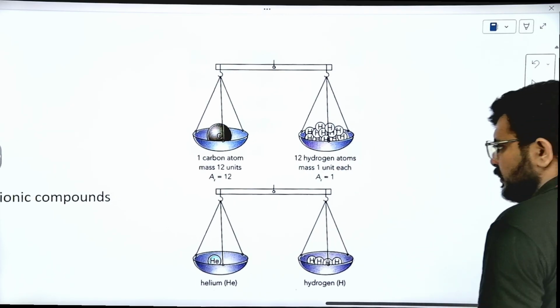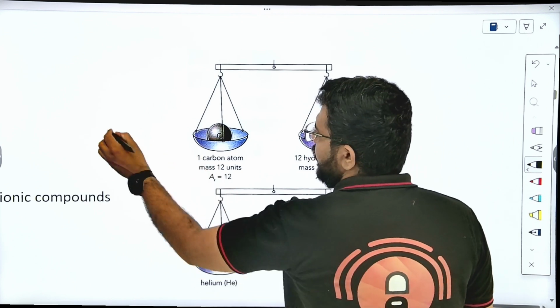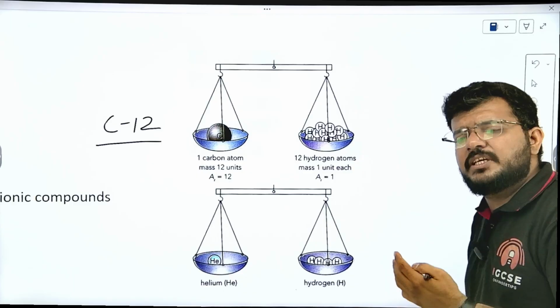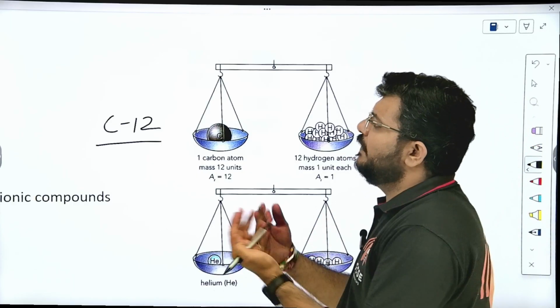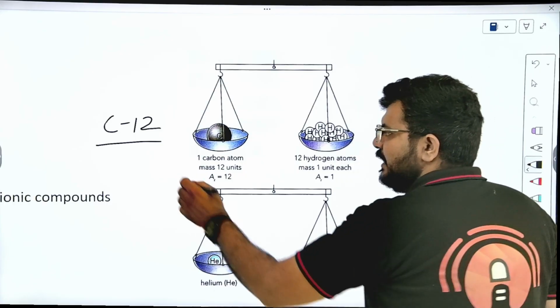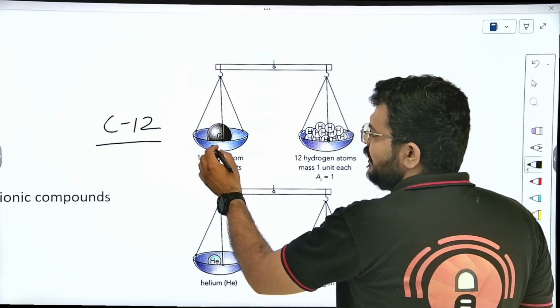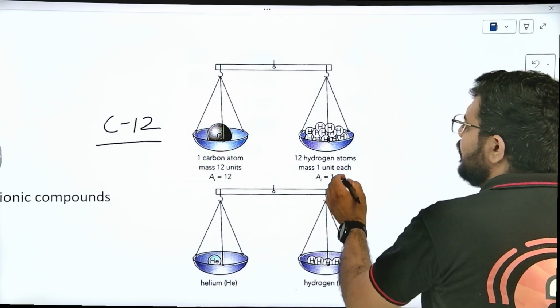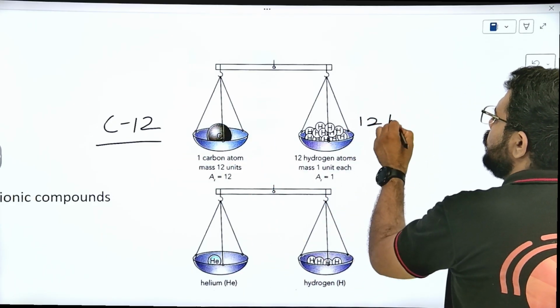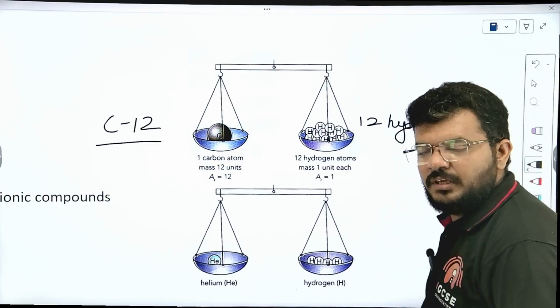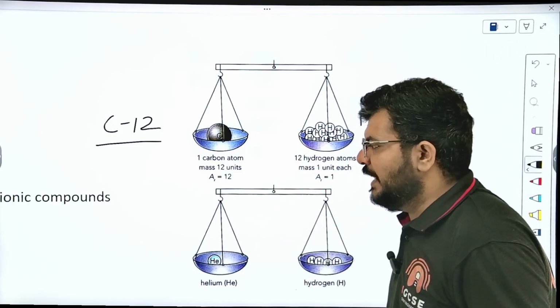Now imagine carbon 12, the isotope of carbon which has a mass number of 12, or it has 12 nucleons, right? If I take carbon 12 on one side of this balance, I require 12 hydrogen to balance it completely.